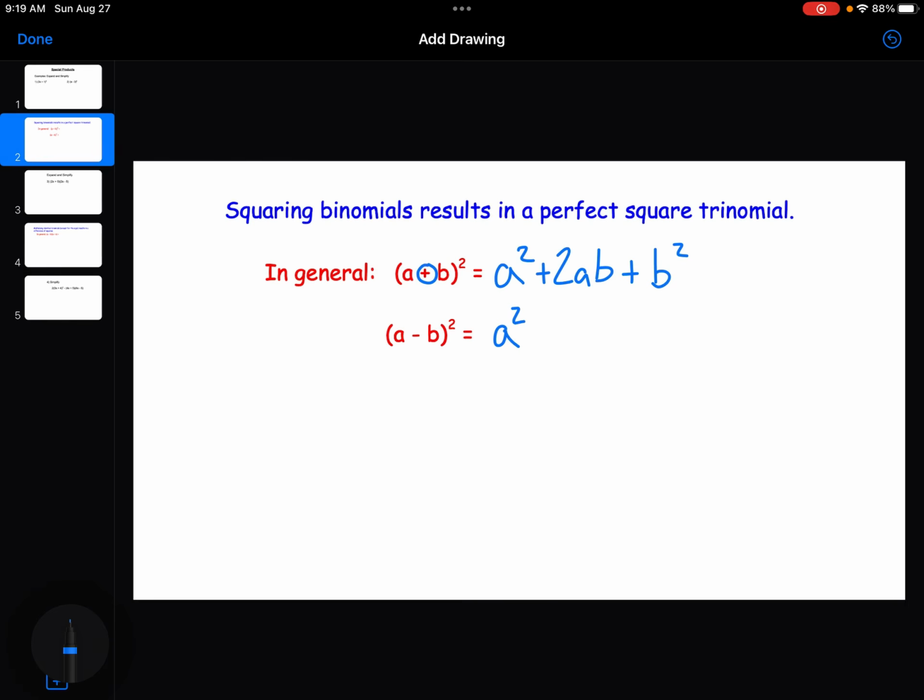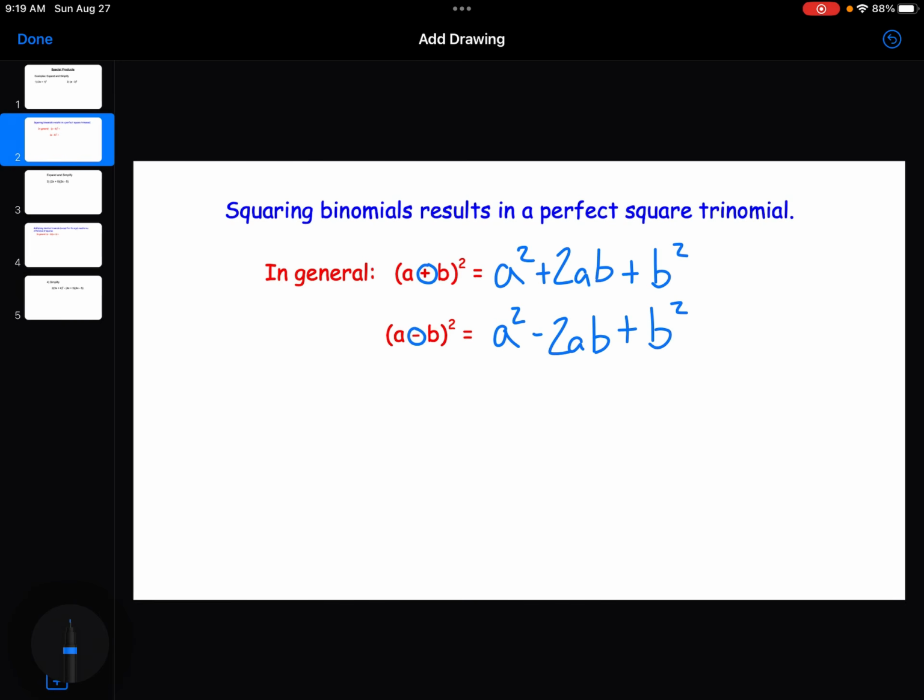So if we look at the next one, we're going to have the first value squared plus the last value squared. And in this case, negative b times negative b would still give me positive b squared. The only thing that's going to be different is here we're going to have minus 2ab.